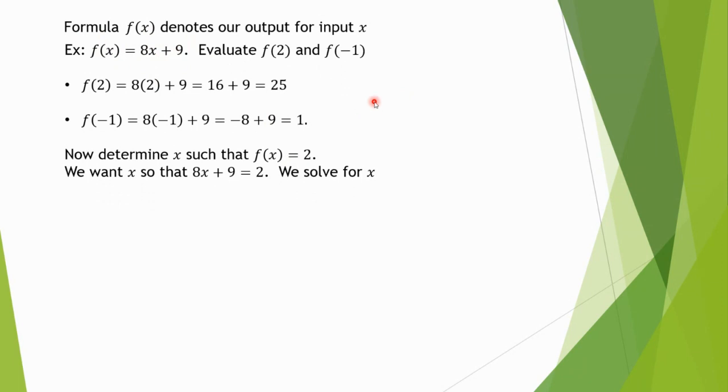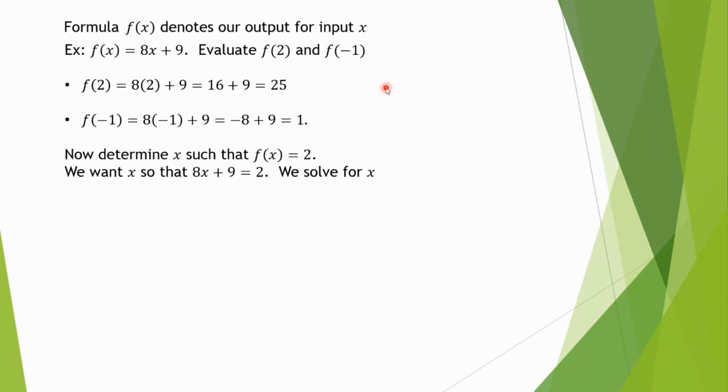So if we wanted to get, let's say, f of 2, well, this means we replace x by 2. We're going to take that 2, multiply it by 8, and add 9. So 2 times 8, that's 16. Add 9, we get 25. So f of 2 is 25.